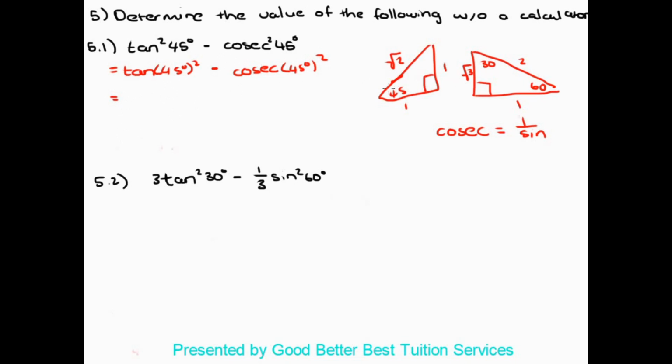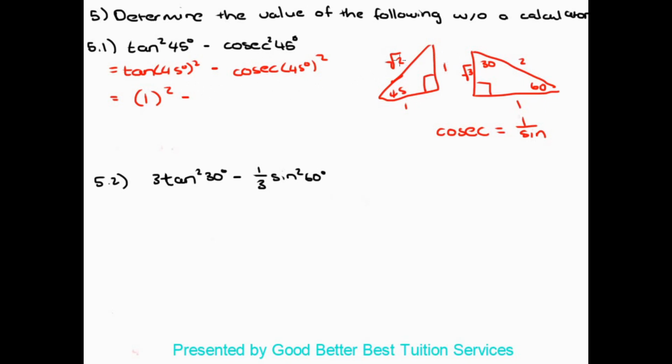So let's go ahead and find tan 45. Tan 45, here's our 45-degree angle. Tan is opposite over adjacent. Here's the opposite. Here's the adjacent. So that's 1 over 1. So this is just going to be 1 squared. Minus, so cosec, remember we said we're going to find sine 45. Sine 45, here's 45 degrees. So that's opposite over hypotenuse.